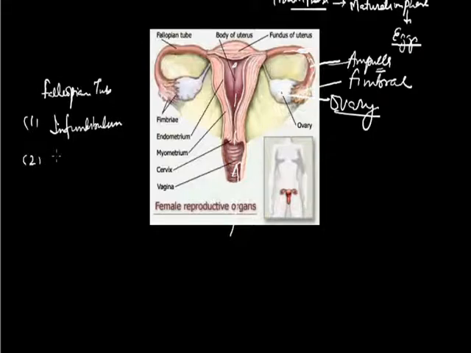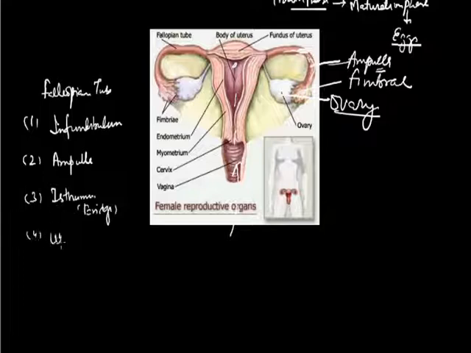Number 2, it is the ampulla, where fertilization takes place. Then the isthmus, which literally means bridge. It connects the ampulla to the uterine part, and lastly the uterine part of the oviduct.